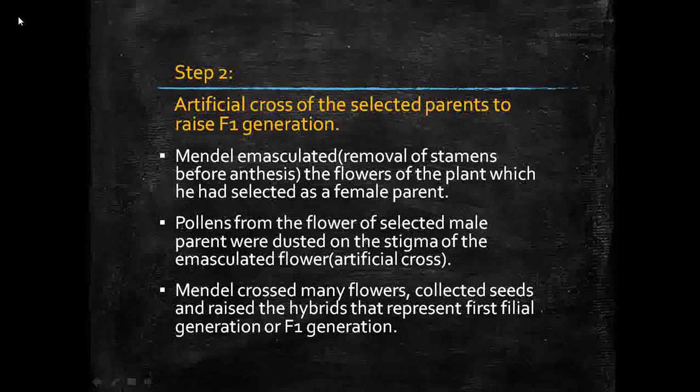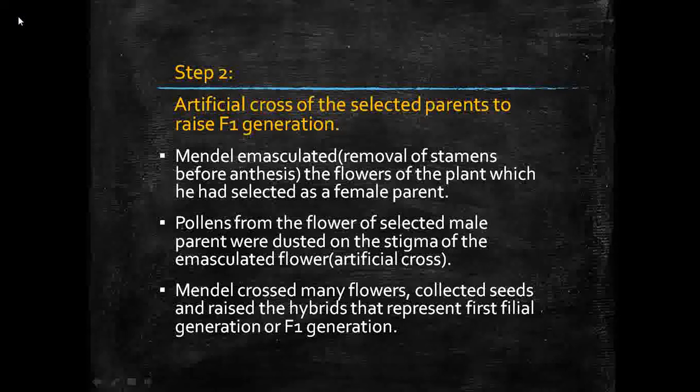Pollen from the flower of the selected male parent was dusted on the stigma of the emasculated flower, and finally Mendel crossed many flowers, collected the seeds from those plants and raised the hybrids that represent the first filial generation, that is the F1 generation.